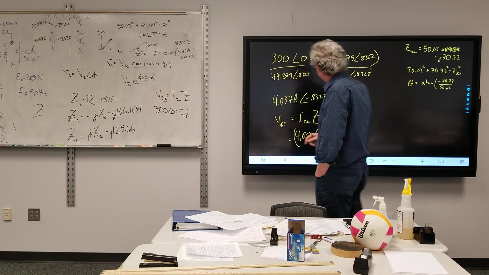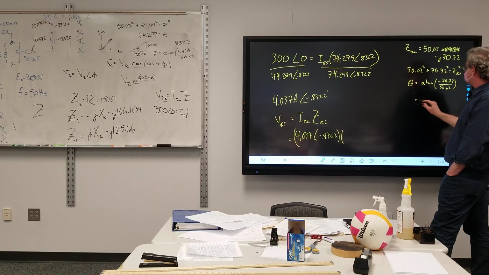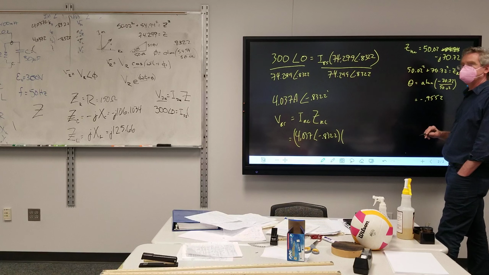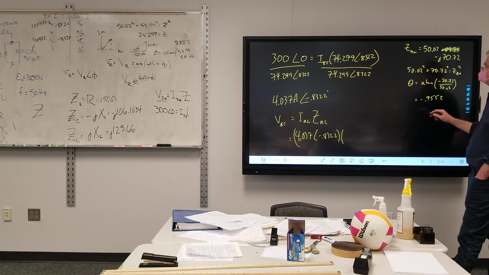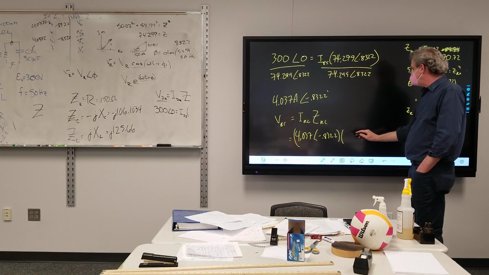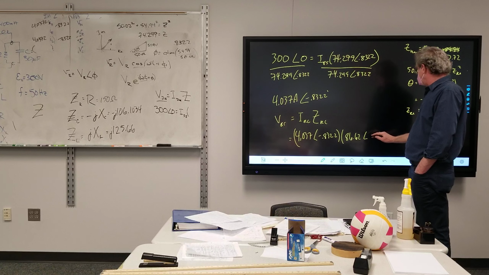Negative 0.9552? Yes, negative 0.9552. I hope that's the angle. It's close to what I had. Good. And then ZRC is 86.62, at an angle of negative 0.9552.